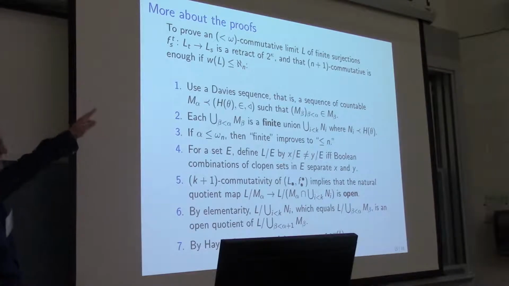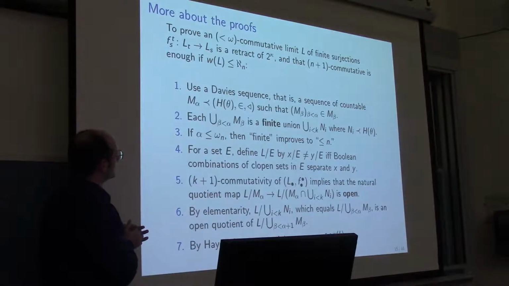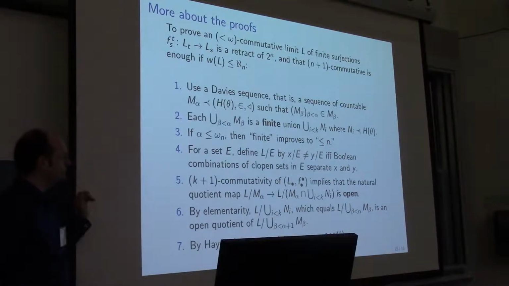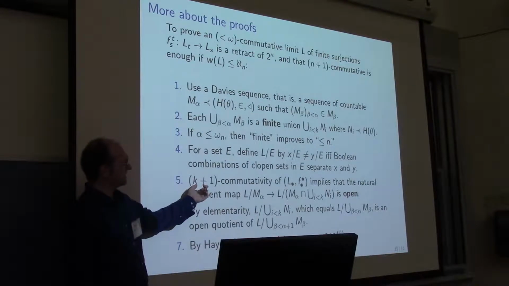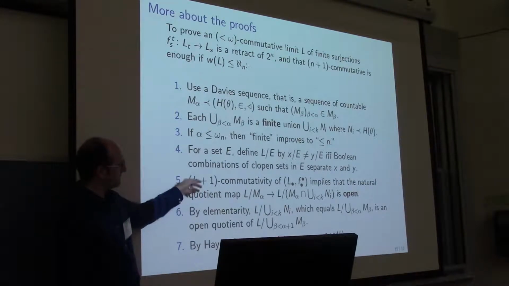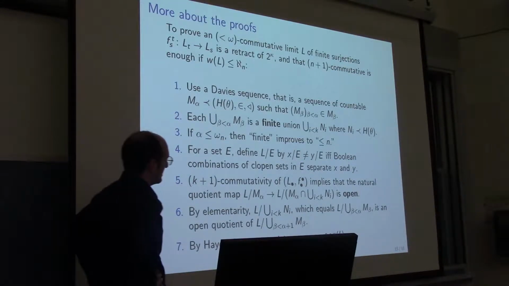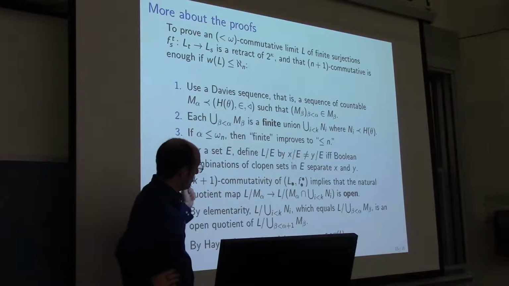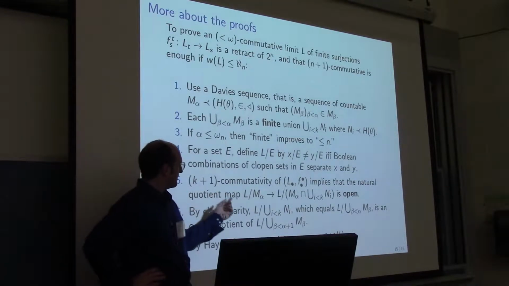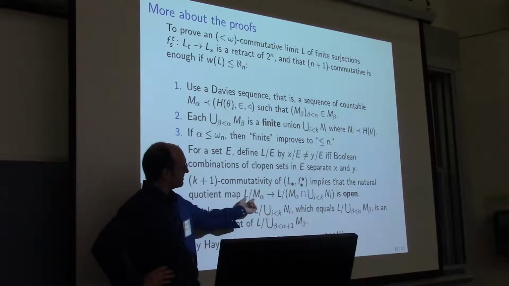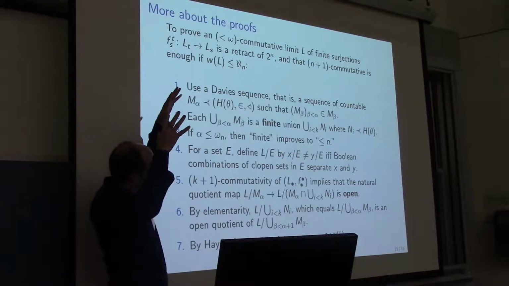And it goes on. A key point, you have to argue that because you've got a commutative diagram of, say, k plus 1 cube of finite surjections, you can actually bump that up to an open quotient map from something at the top of that k plus 1 cube that is actually an inverse limit of countably many of them.